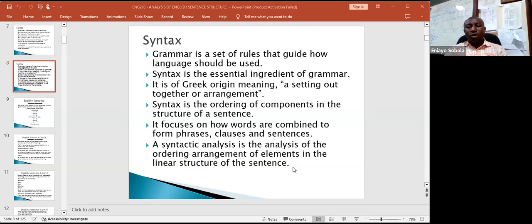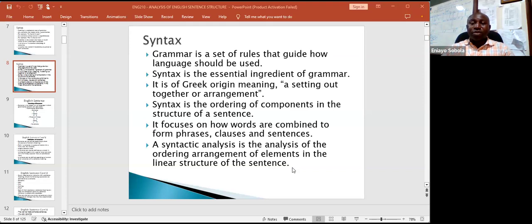Now, if you have any question on syntax, you can raise your hand. Any question? Because you will meet syntax as you progress. You are doing this first semester. When you get to year 3, there's another one you still do again. First semester, another one, second semester.